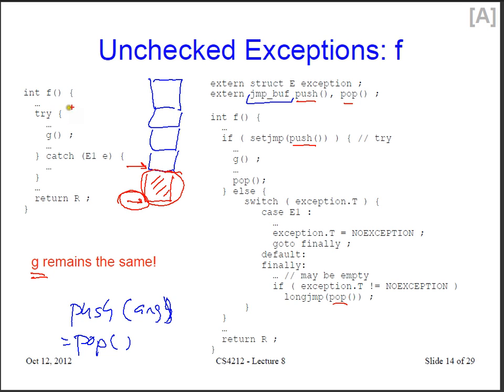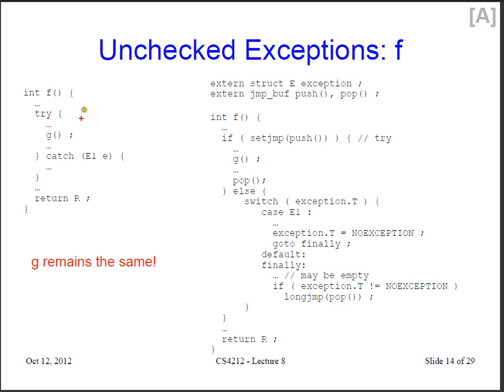So let's see how we translate f. Obviously this try is going to become this if statement. The calls to g remain unchanged, essentially. But what we do in try is we create a new record and we save the state. We call g. g will call h, which might throw an exception.